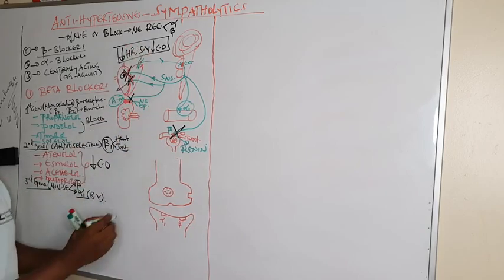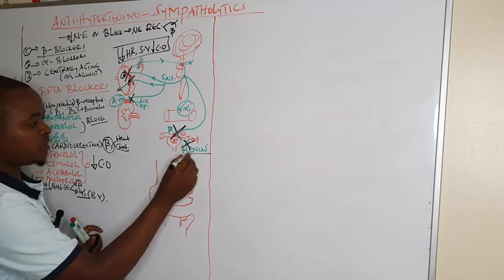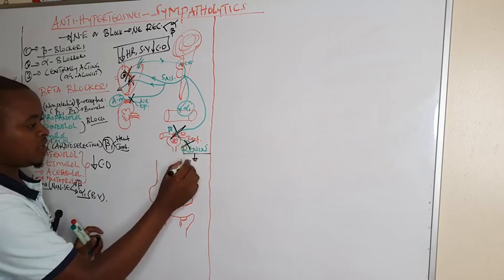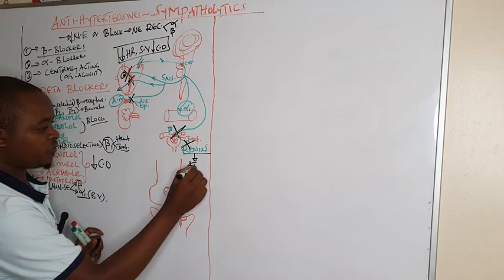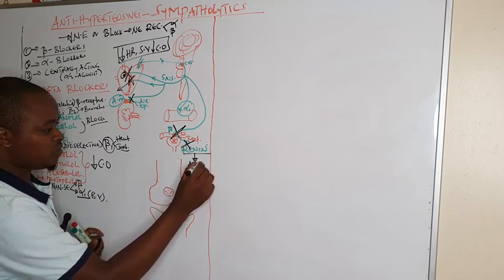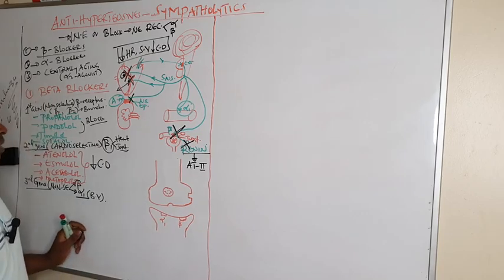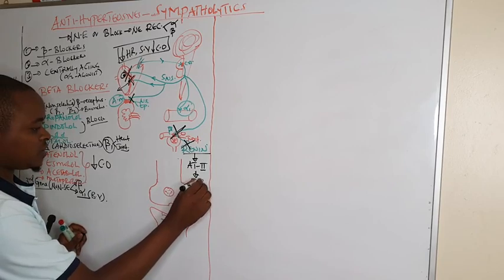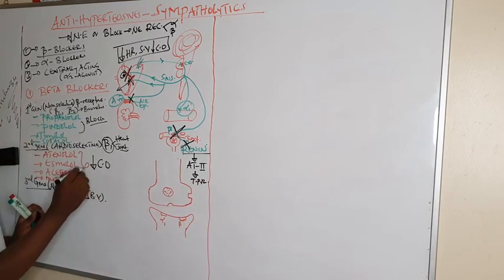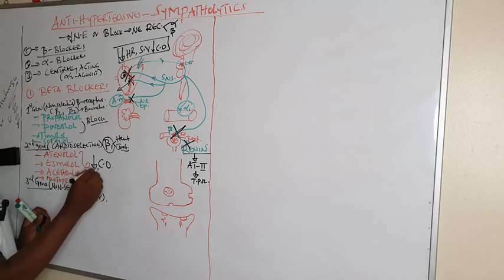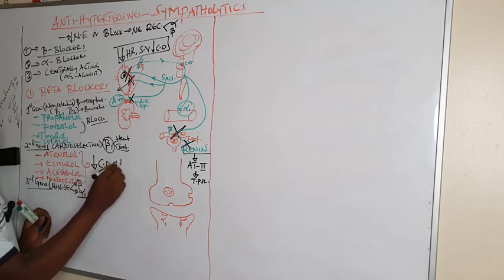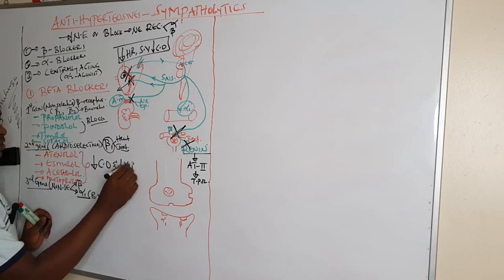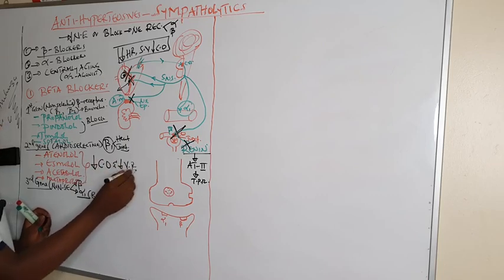And at the same time, they inhibit release of renin, meaning they inhibit production of angiotensin 2, which is a strong vasoconstrictor, hence decreasing total peripheral resistance. So this one acts by decreasing both cardiac output and vascular resistance. That is their action.